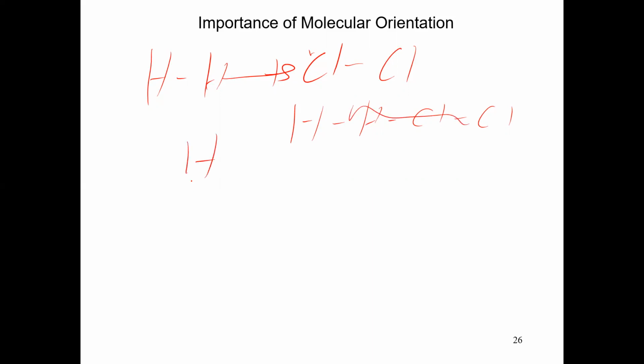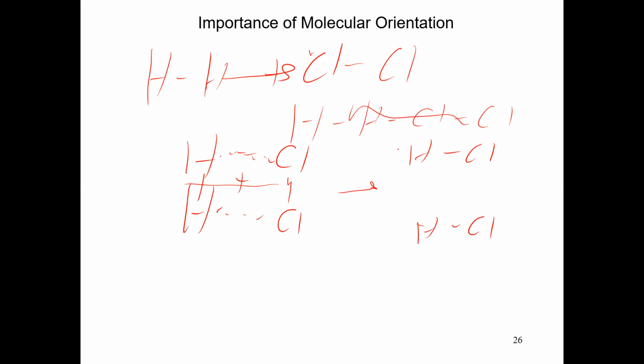But if you got the hydrogen like this, plus the chlorine like this, and it collides in just the right way, so you got these bonds forming and these bonds breaking, the result will be HCl here, broken off from HCl over there, and that kind of indicates the nature of molecular orientation when you're dealing with this kind of material.